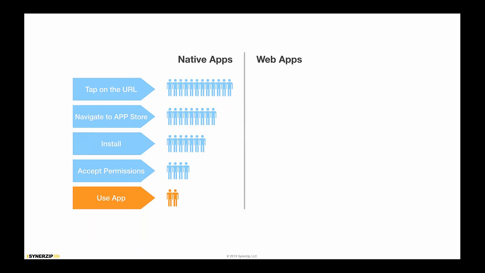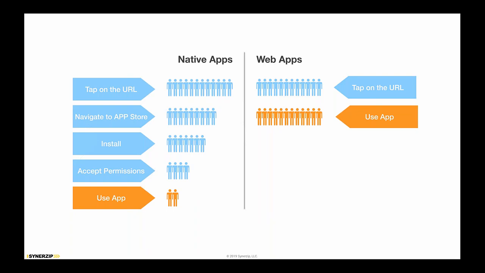So as Gabor of Google has put it, in a consumer mobile app, every step you make a user perform before they get value out of your app will cost you 20% of the users. So let's take a look at web apps. Similarly, we tap on the URL and we are directly using the app. So it's a one-click conversion. That's what web apps have, and the reach of URLs.